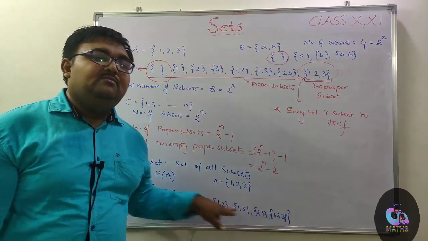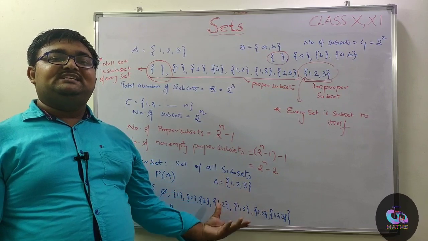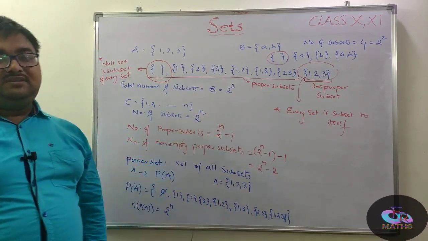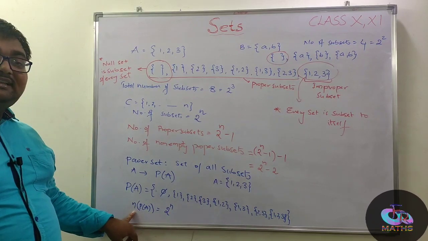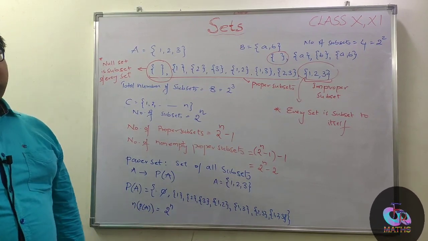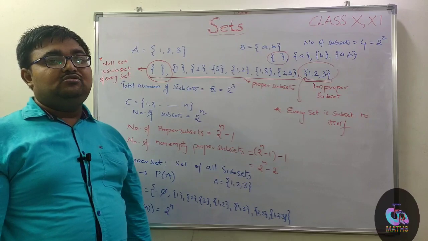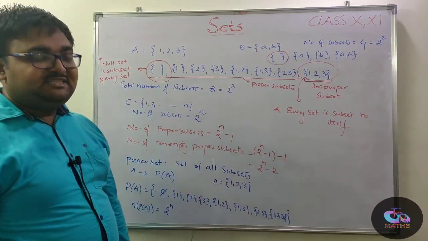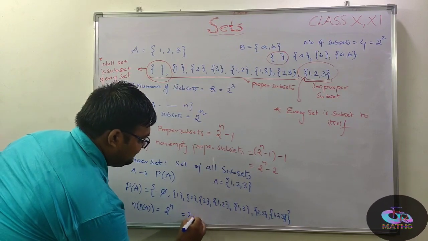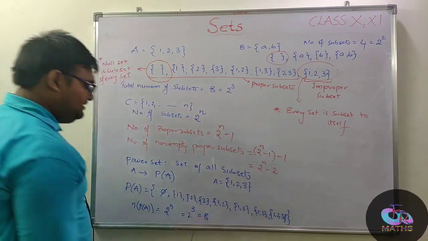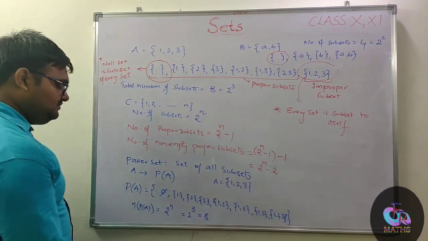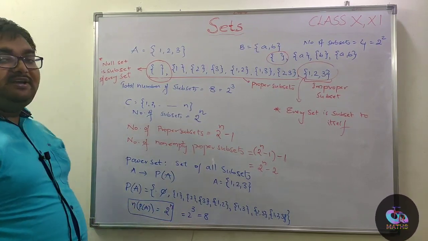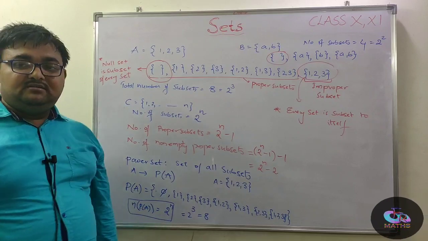If you count the number of elements, those sets are all subsets. So already we have the formula for subsets. So clearly the cardinal number of power set of A is given by 2 power n. Here this set A contains 3 elements, so we can say 2 cube, which is equal to 8. So in general, this is the formula which we use to find out the number of elements in the power set.